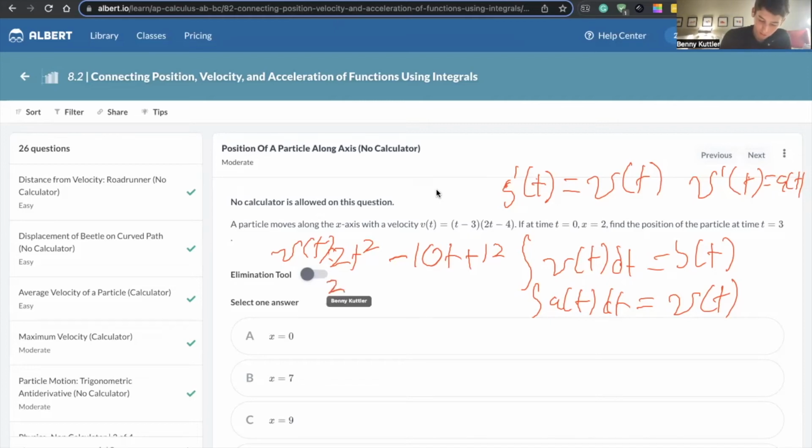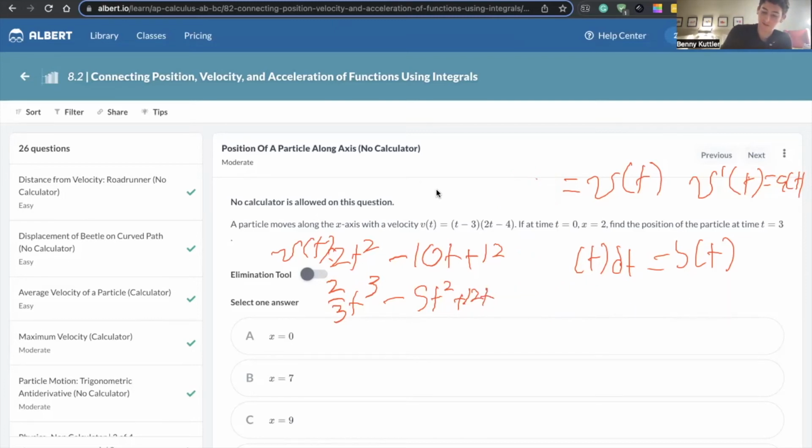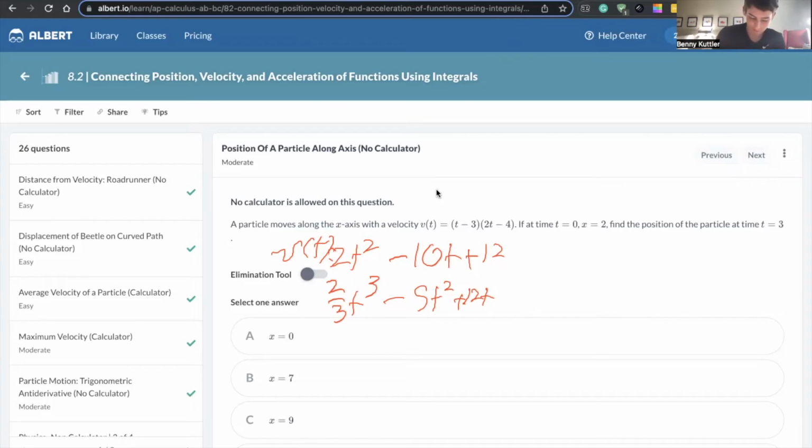So we have 2 over 3 t cubed minus 5t squared plus 12t. Hopefully you can remember the relationship between velocity, acceleration, and position from unit 4. And then we know that our c, which we would normally have in an indefinite integral, is 2. So this is the position function.